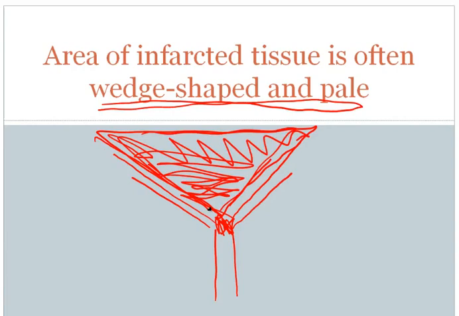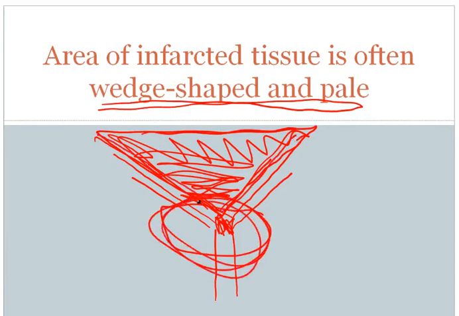One of the classic features to be aware of is that the wedge points to the area of occlusion, because it's pointing to the area where the dichotomous branching was occurring. So I don't think it's hard to remember that these areas are usually wedge-shaped.